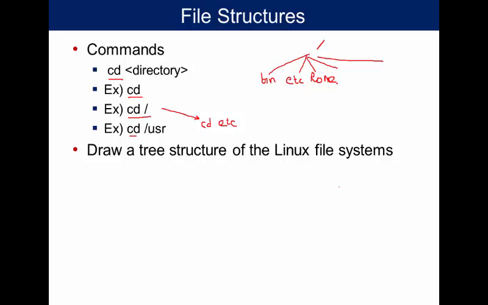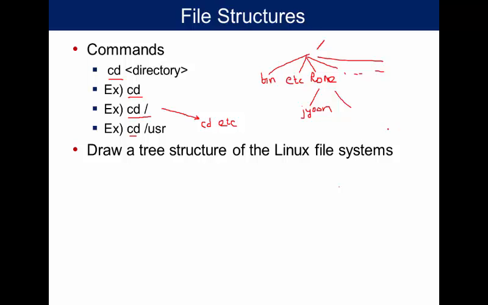Each user may have a home directory, and each individual home directory should be under the home directory. So under home, there's your home directory, and her home directory, and his home directory, and so on and so forth. In this home, there might be Jyun, which is my home directory, and there might be another home directory.